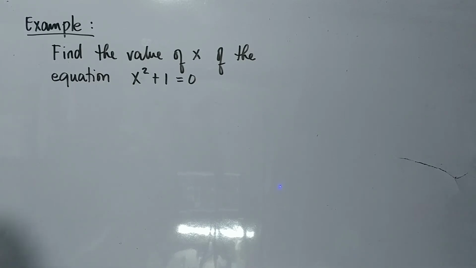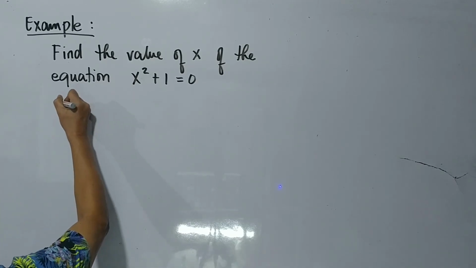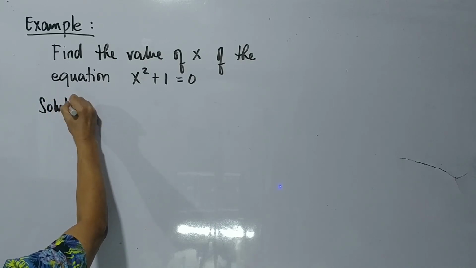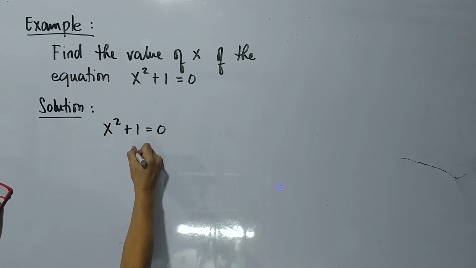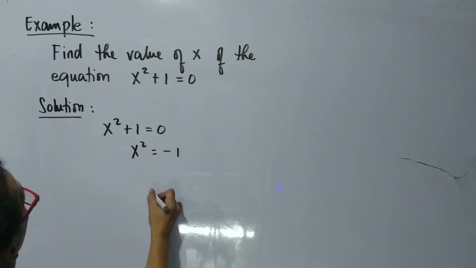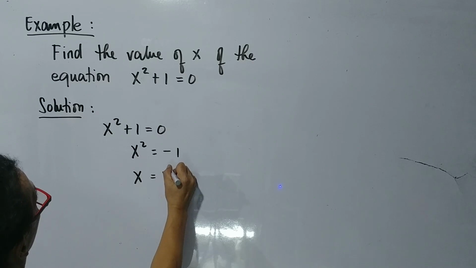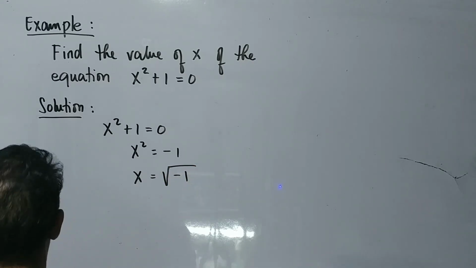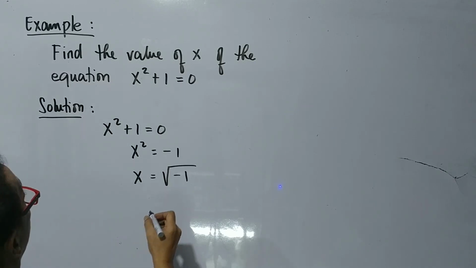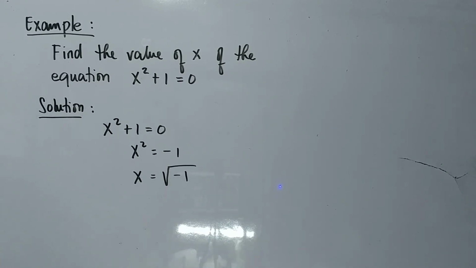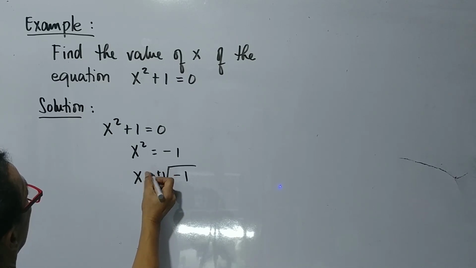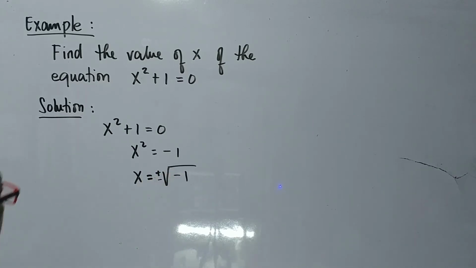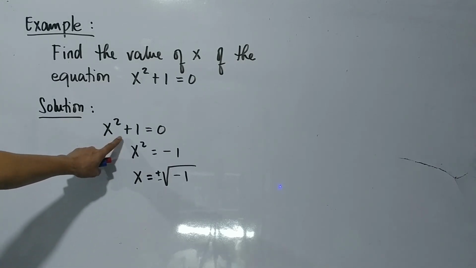To solve it, we have x squared plus 1 equals 0.